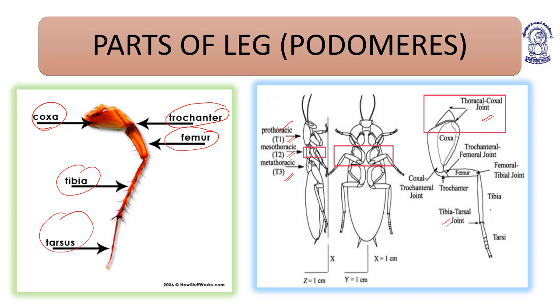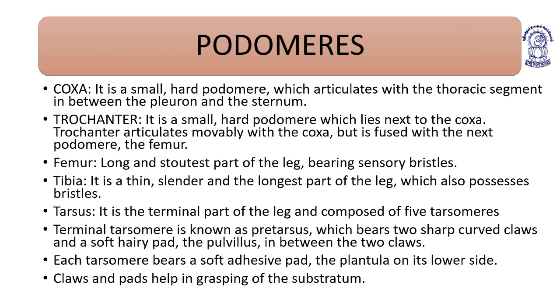Okay. Now coming to next, podomeres. So now we are going to discuss all these podomeres. Coxa. It is a small, hard podomere, which basically articulates, or makes a joint, with a thoracic segment in between the pleura and the sternum.